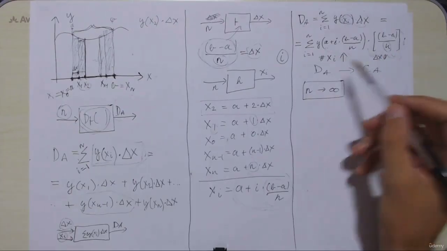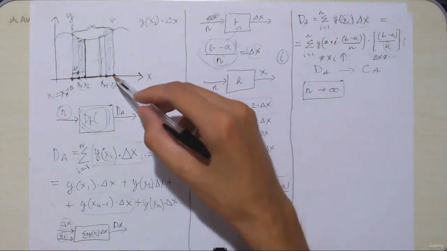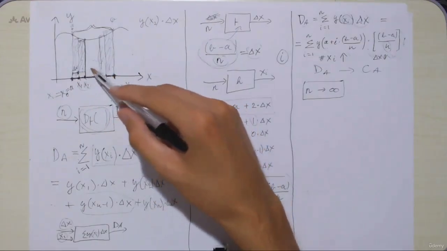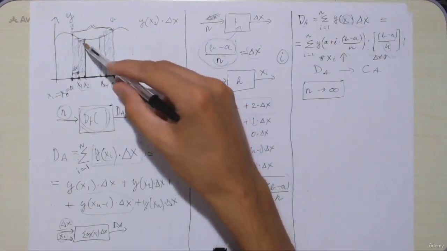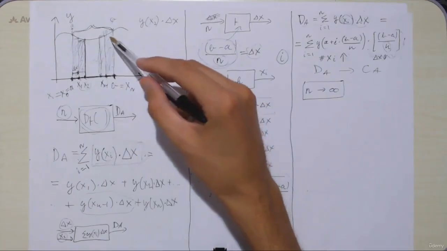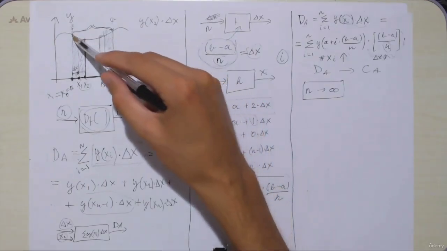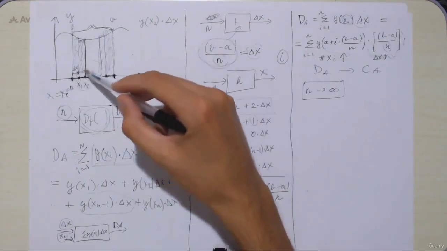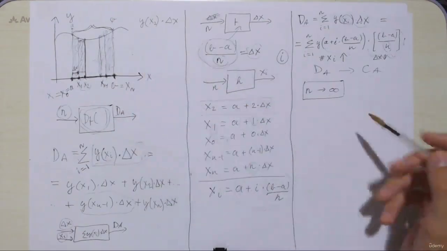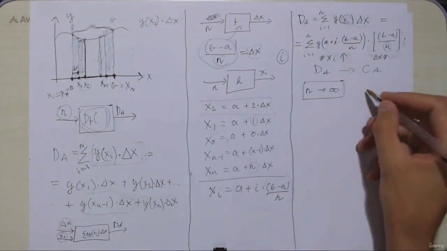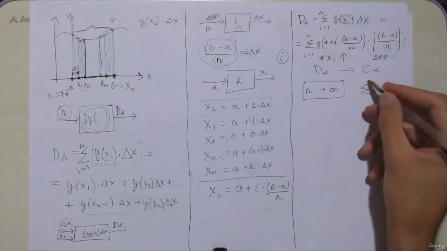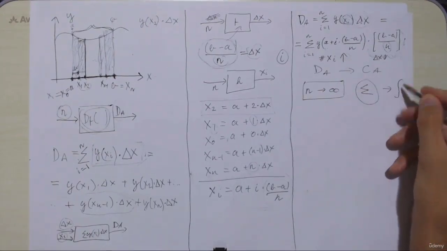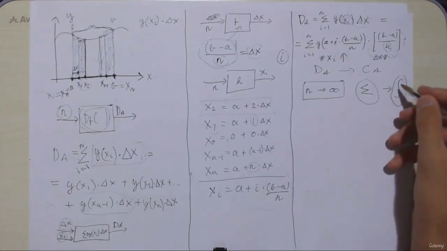So the logic is that the width of the rectangles goes down, but the amount of rectangles goes up, and then you get closer and closer to the continuous world, so you approximate the area under the curve better and better. And then your discrete summation becomes your continuous summation, which is an integral.